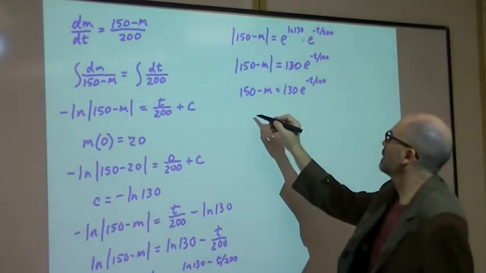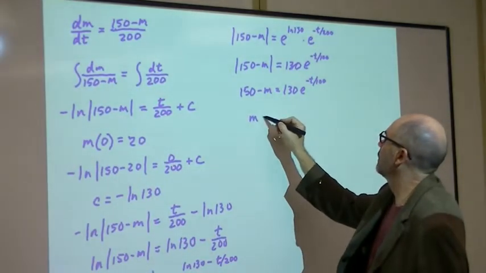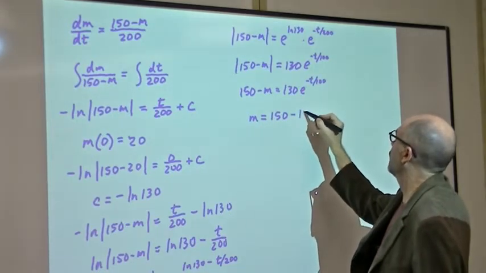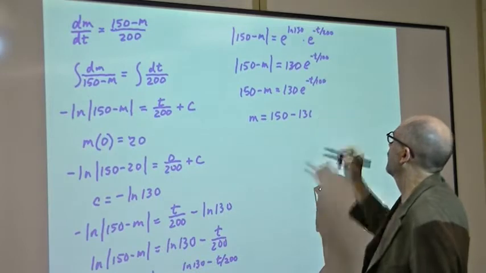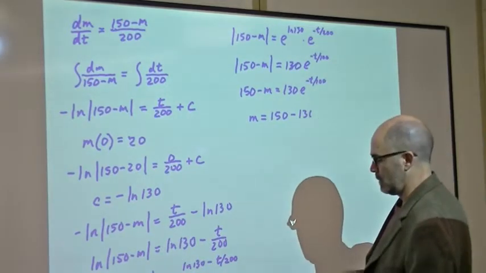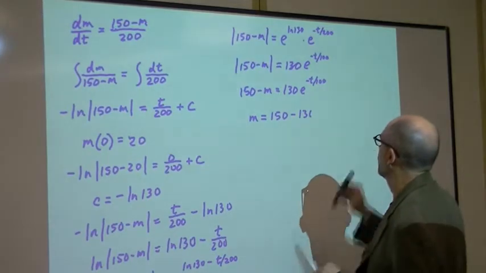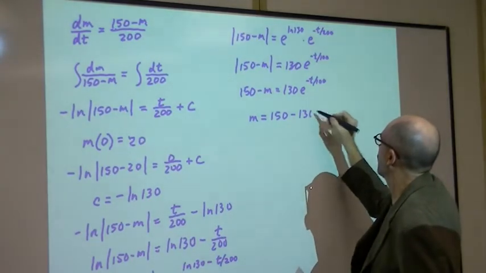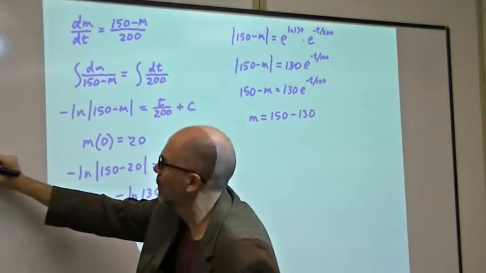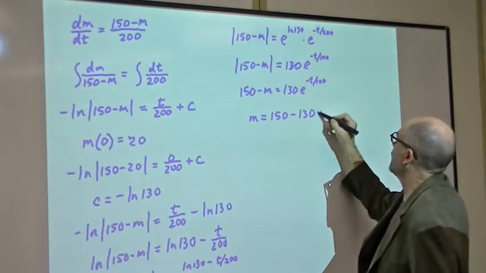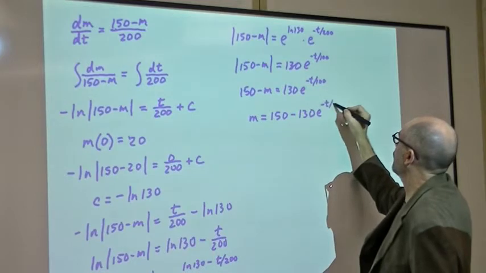Now that gives us that mass equals 150 minus 130 e to the negative t over 200. This is obnoxious.